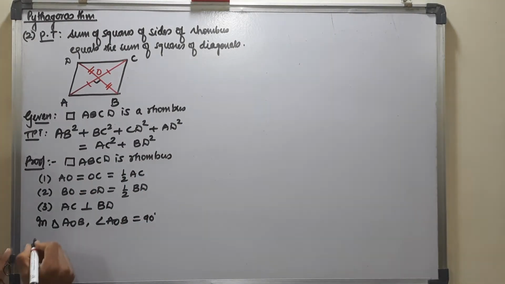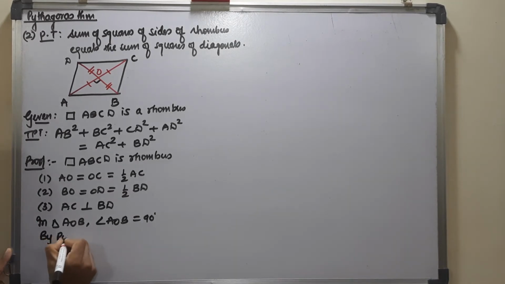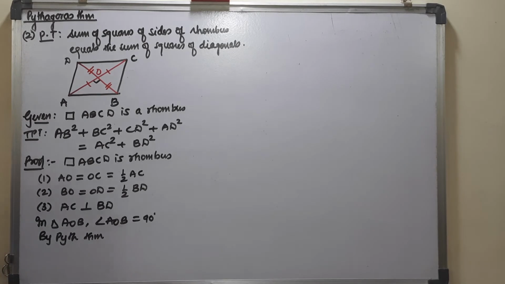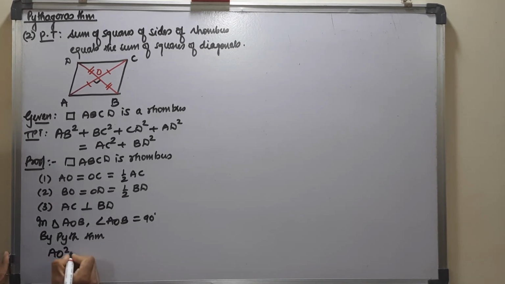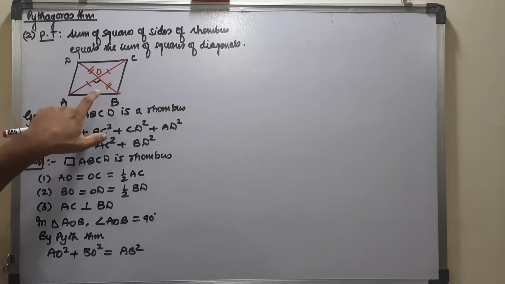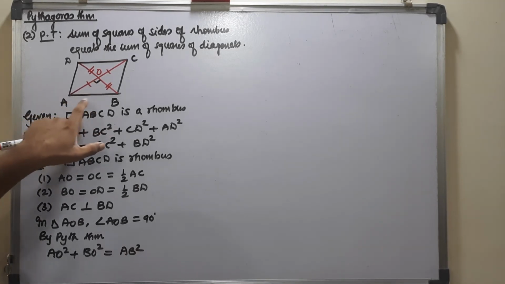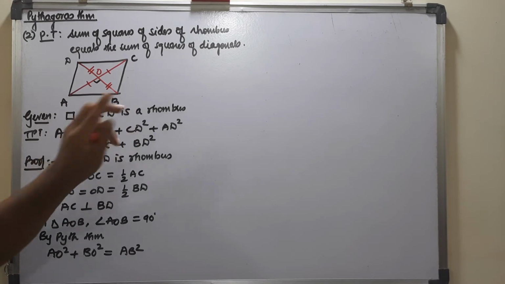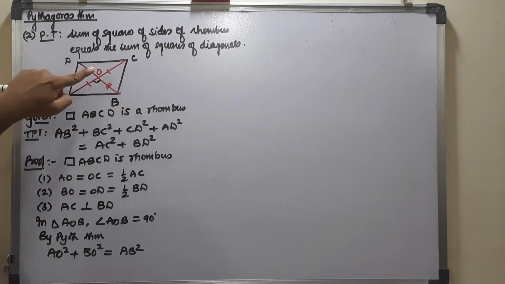So by the Pythagoras theorem, what I have here is AO square plus BO square is equal to AB square. This is the right angle, so obviously this side will be the hypotenuse. So the sum of squares of the remaining two sides is equal to the square of the hypotenuse.